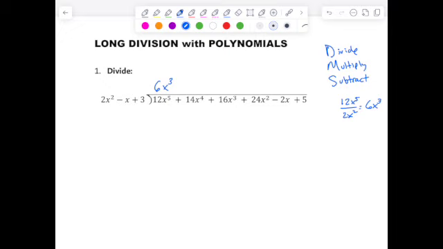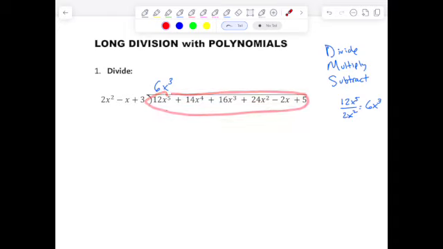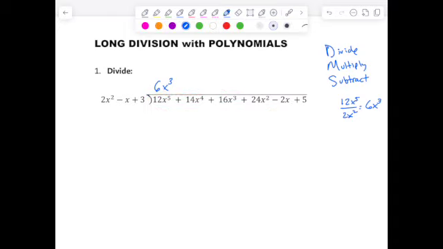Okay, so that's what goes up top here, 6x cubed. That's the division step of the DMS process. And now we're going to multiply that, what we put up here, times this entire divisor here. That's what that's called, the divisor out here. This is the dividend, and what comes out at the top is the result, or the quotient. So now we're going to multiply that. So 6x cubed times 2x squared, that is 12x to the 5th.